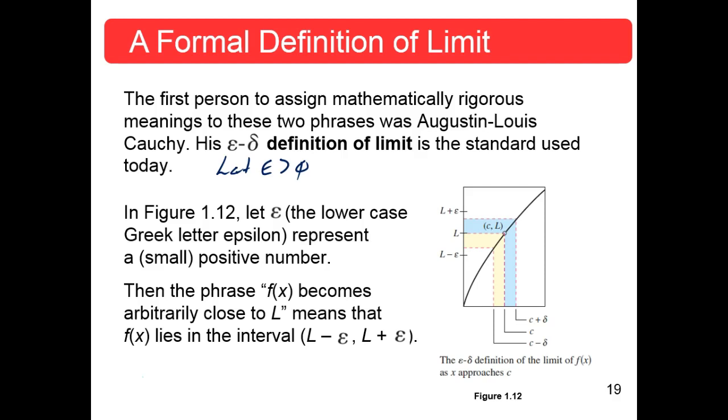Now, the next part says, as x approaches c. What that means is there is some delta, also greater than 0, a small number delta greater than 0, such that c is in between c minus delta and c plus delta, of course.